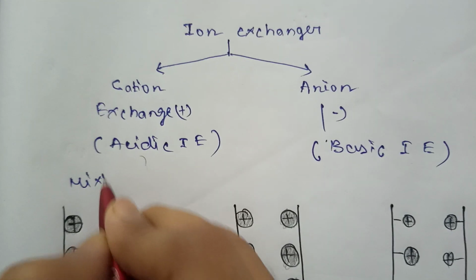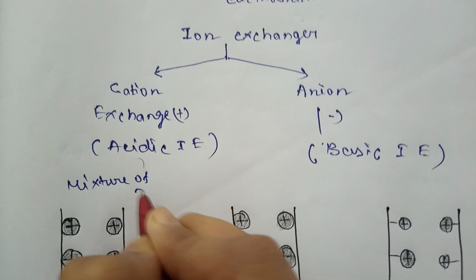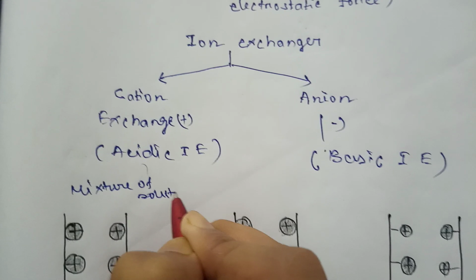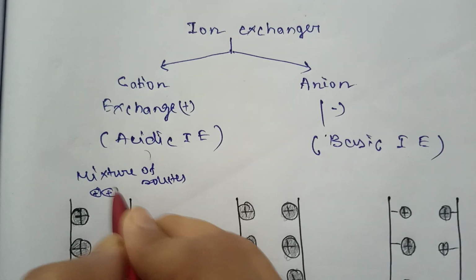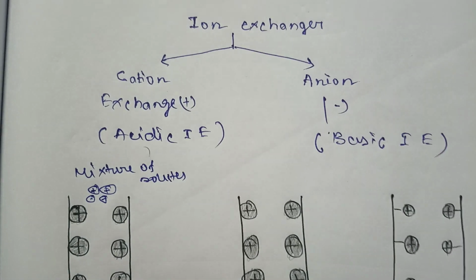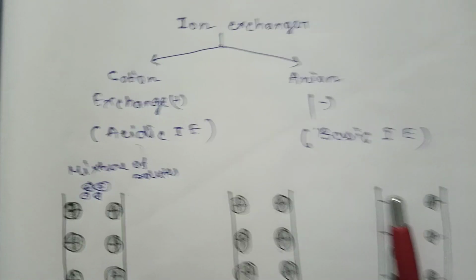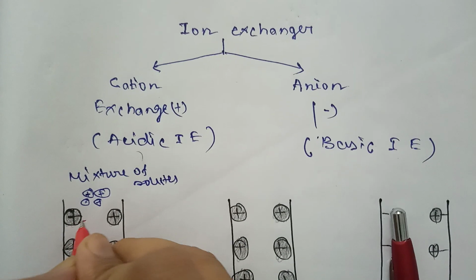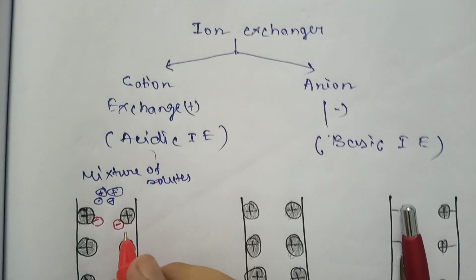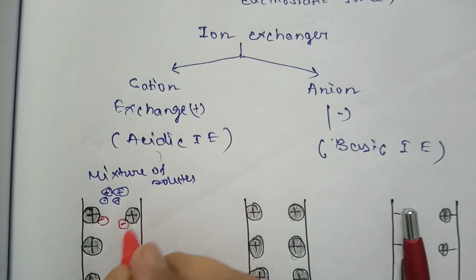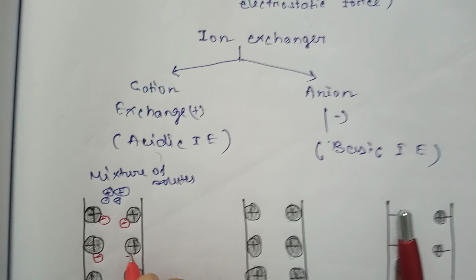Now the mixture of solutes will be introduced into the column. So there will be plus, there will be minus, everything. But only the anions will be attached to the stationary phase, because the stationary phase is positive now, right?